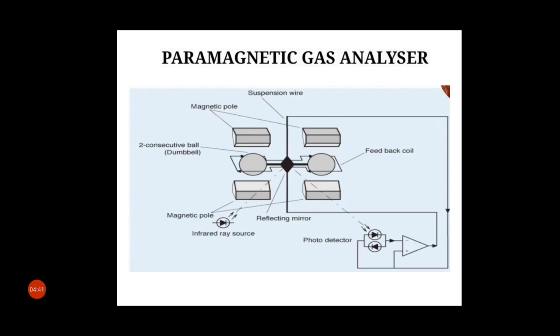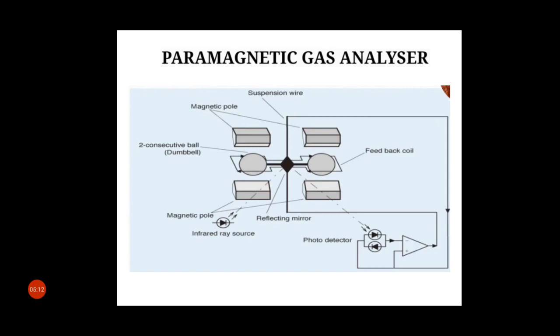They are held by suspension wires in the magnetic field produced by two magnetic pole pieces, and the dumbbell is hung using a suspension wire. To the dumbbell you have a reflecting mirror which reflects light produced by the movement of the dumbbell. So see the figure.